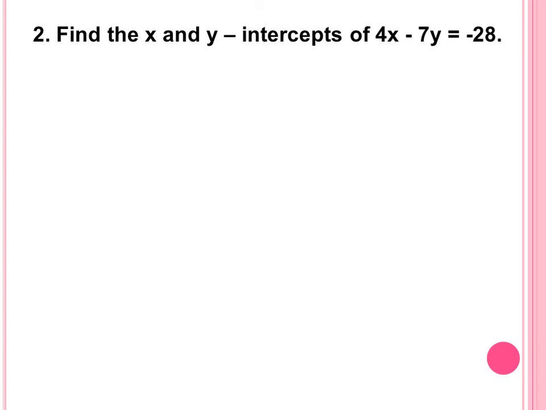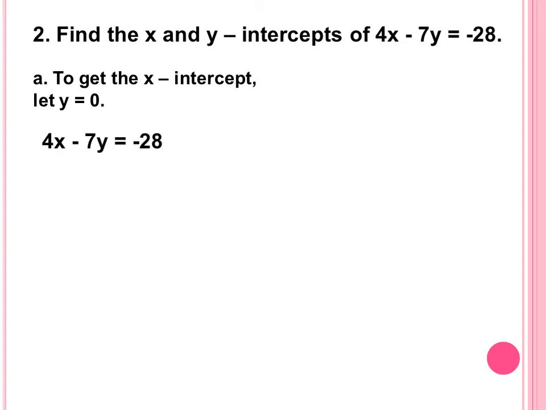Find the x and y-intercepts of 4x minus 7y is equal to negative 28. So the same process. Okay, so to get the x-intercept, let y is equal to 0. First, write down the given equation and then substitute the value of y. This will be 4x minus 7 times 0 is equal to negative 28 by substitution. Let us now simplify.